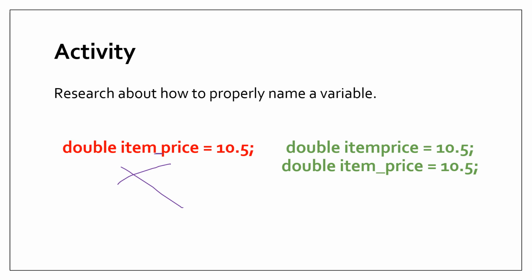To correct this one, you remove the space, and so itemPrice will become one word, or you use a special character here, underscore. This is acceptable. So either of the two, itemPrice and item_price, are acceptable.